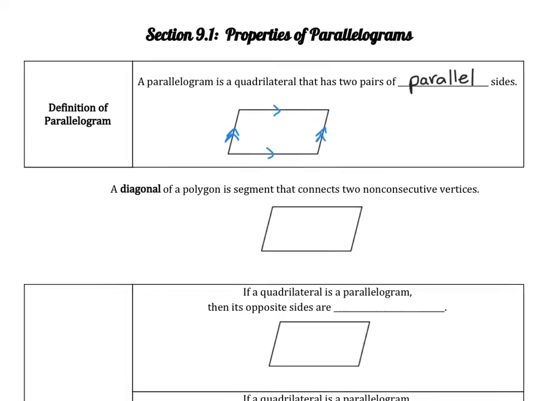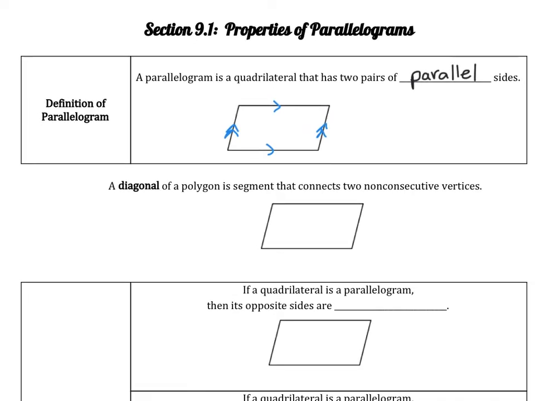One piece of vocabulary we're going to be using a lot in this module is the word diagonal. The diagonal of a polygon is a segment that connects two non-consecutive vertices. Non-consecutive is the important word here. It means pretty much not next to each other.